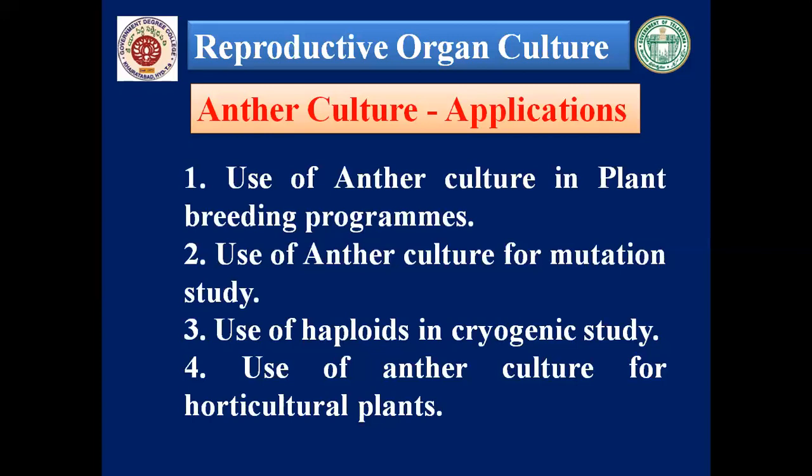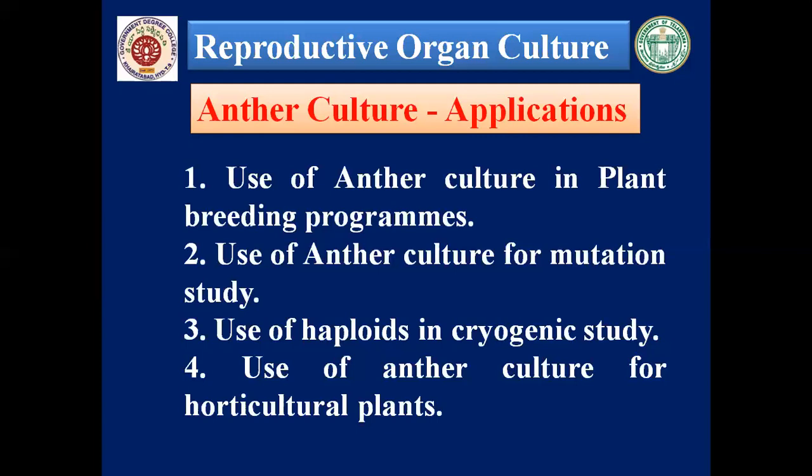So anther culture has many applications. That's why in plant tissue culture, along with micropropagation and shoot tip or meristem culture, even anther culture has an importance to develop haploid plants.